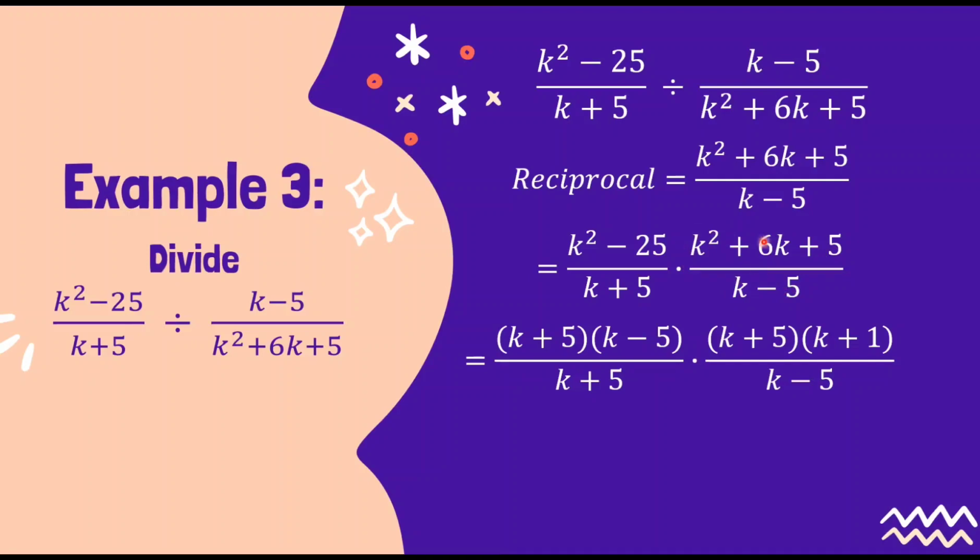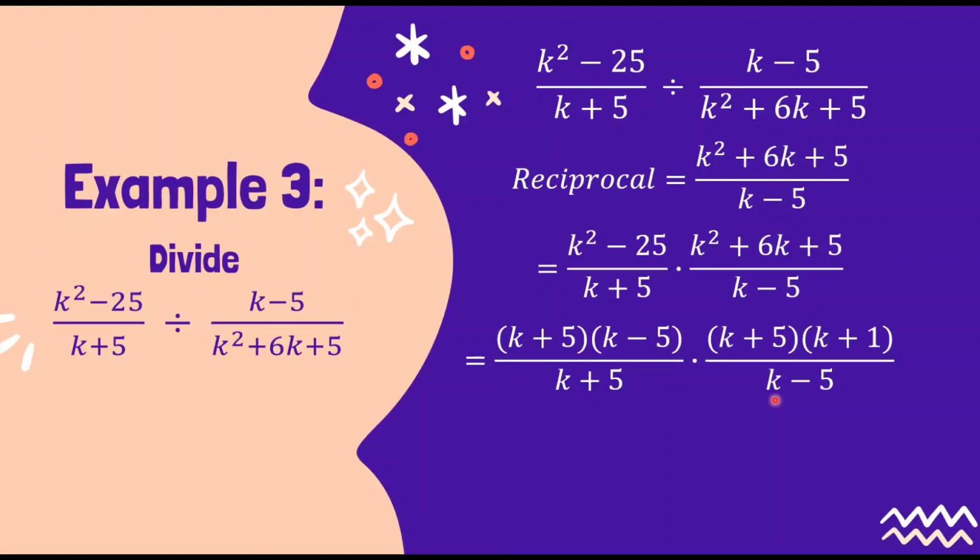And then what are the factors of k squared? Of course, k times k. So we have k plus 5 times k plus 1 over k minus 5, which is our denominator. Now, before we start multiplying both numerators and both denominators, we need to find out if there is a common factor between our numerator and denominator.